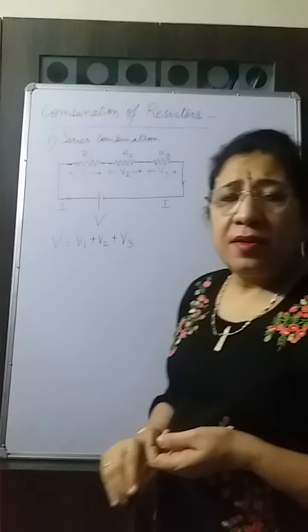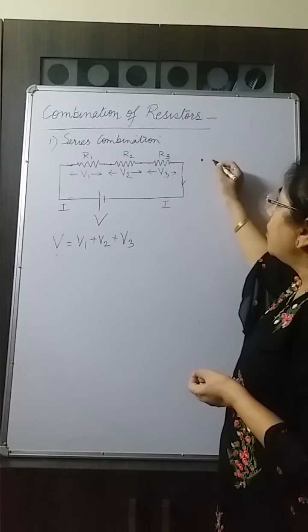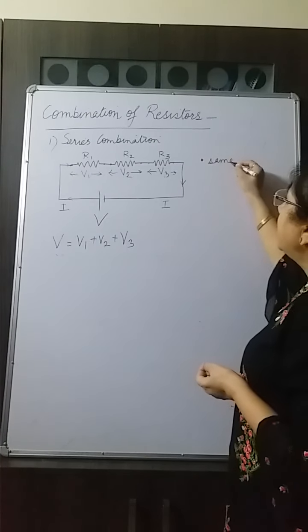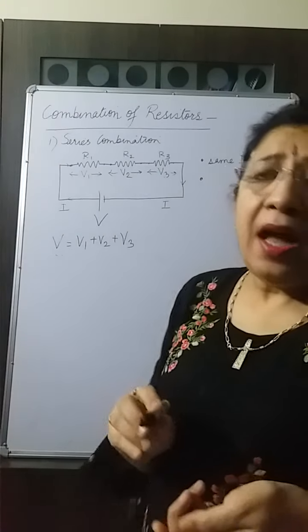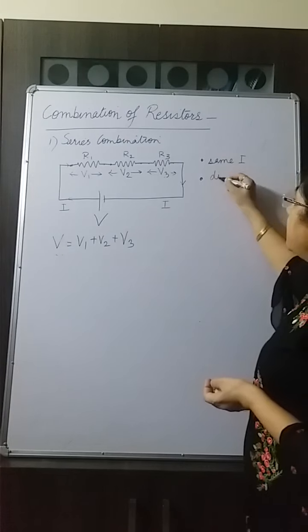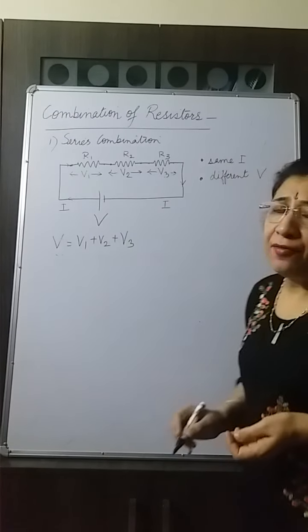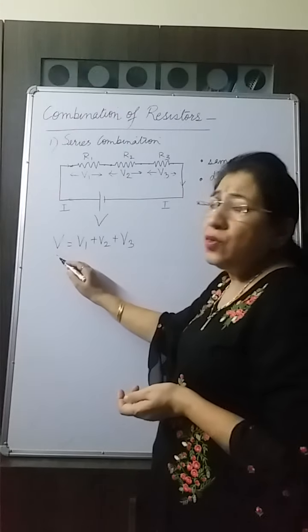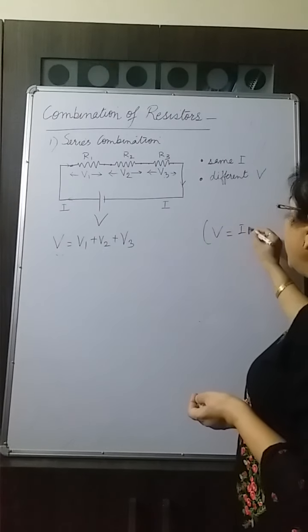What is important to be noted is that in this series combination, the current through the three resistors is the same and the potential difference is different. The potential difference in each case is different. Let us use Ohm's law here. Ohm's law is V equals IR.